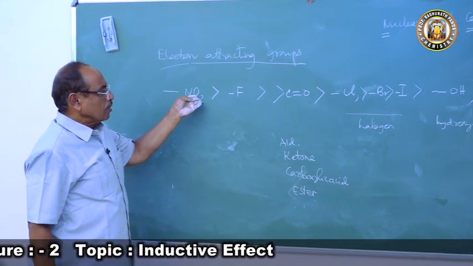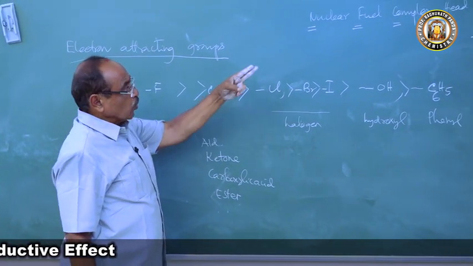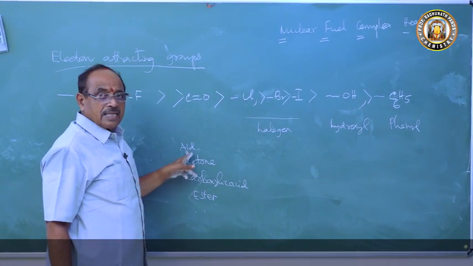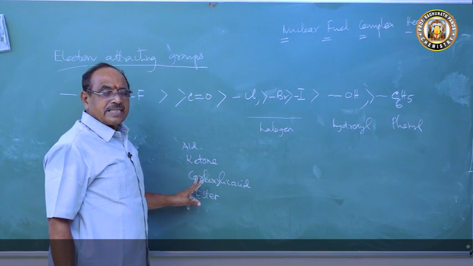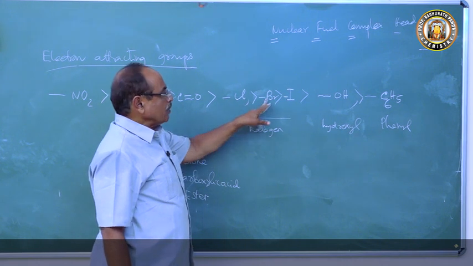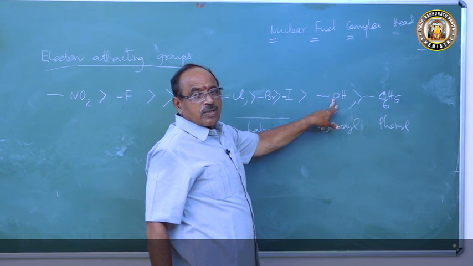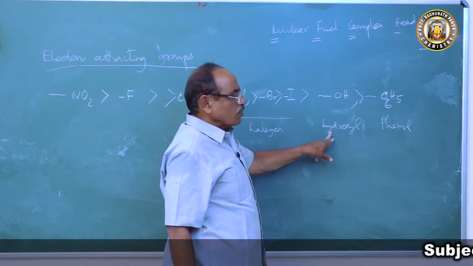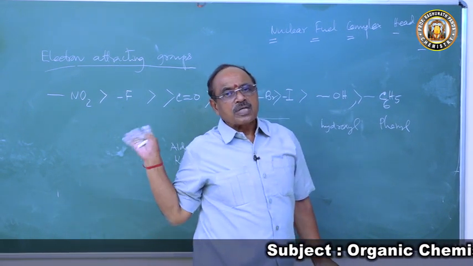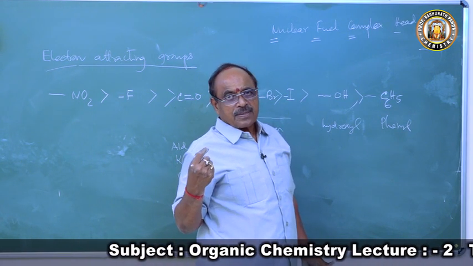Nuclear means nitro, fuel means fluorine, complex means CO, compounds containing the CO group: aldehydes, ketones, carboxylic acids, esters, etc. Then H, halogens: chlorine, bromine, iodine. Then HO, the OH group, hydroxyl group. Then comes P, Pune, the phenyl group. So these groups are highly electron attracting groups, and they cause the minus I effect.